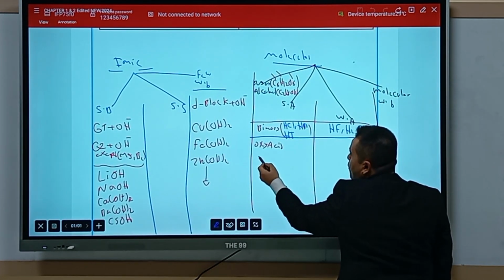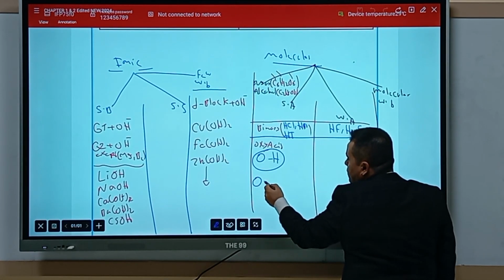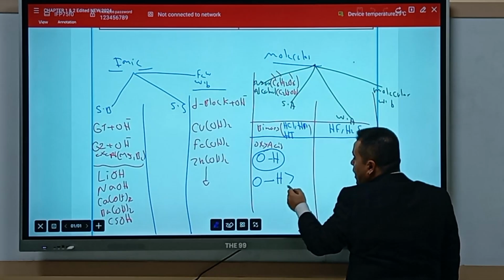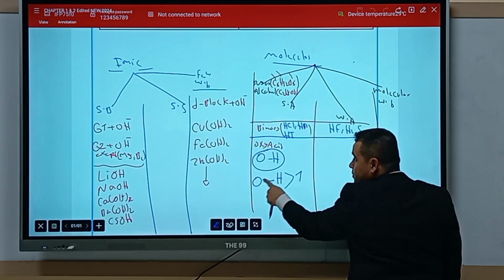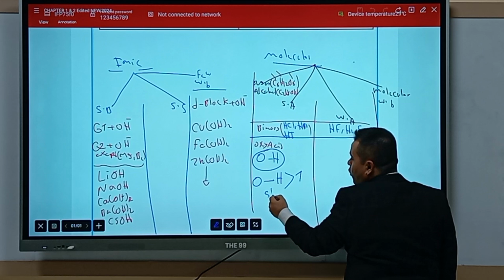How about the oxy acids, guys? Oxy acids are composed of oxygen and hydrogen always. The number of oxygens minus the number of hydrogens, if it's above 1, it becomes strong.